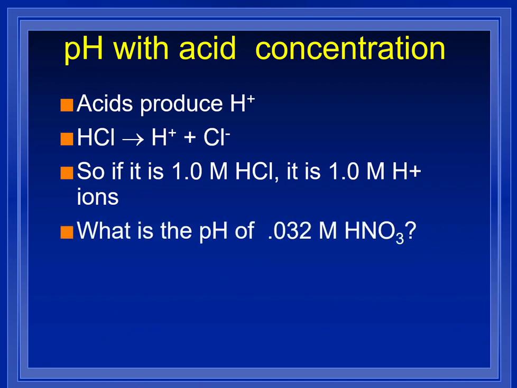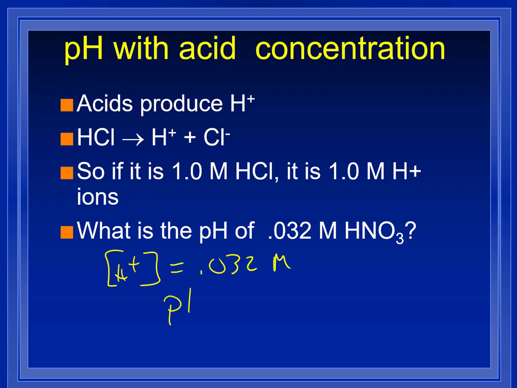What's the pH of 0.032 molar nitric acid? Well, it's HNO3. When it falls apart, it's going to make an H plus. So my H plus concentration has got to be 0.032 molar.